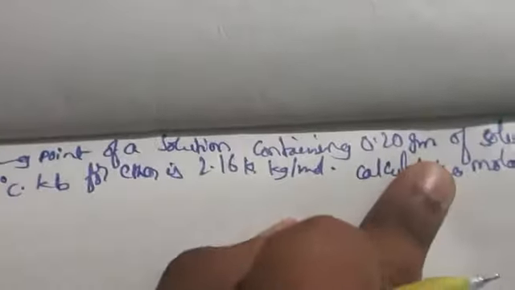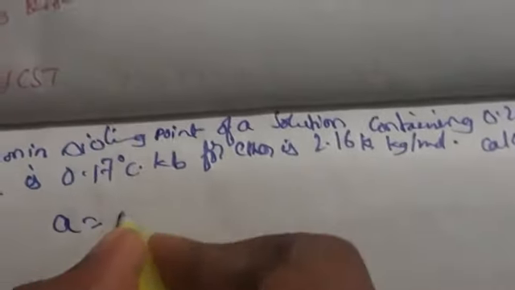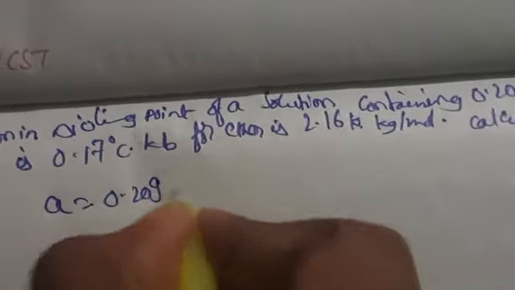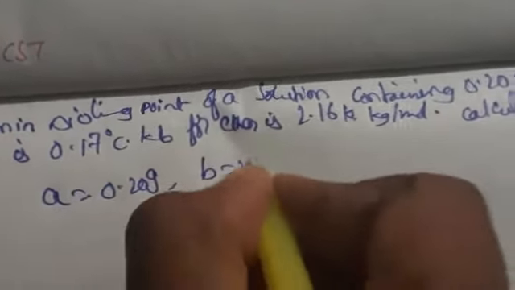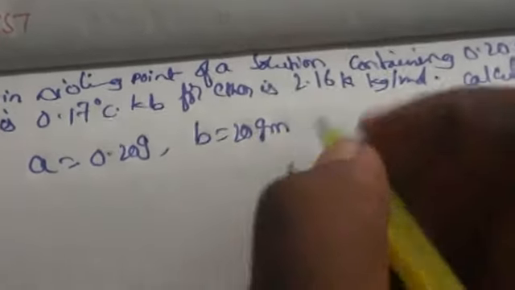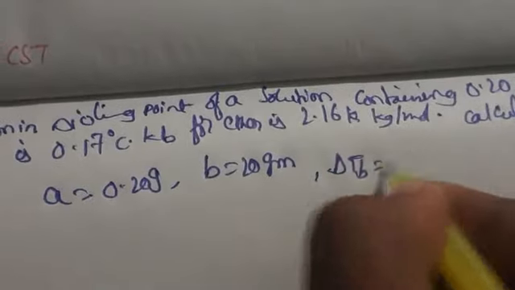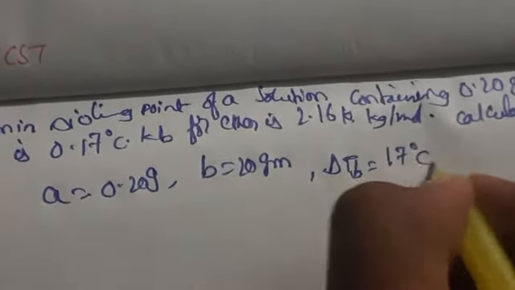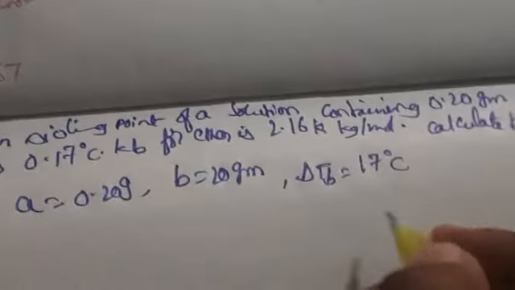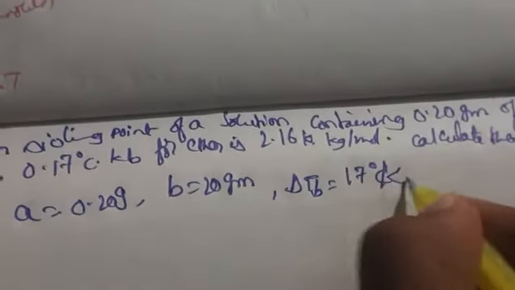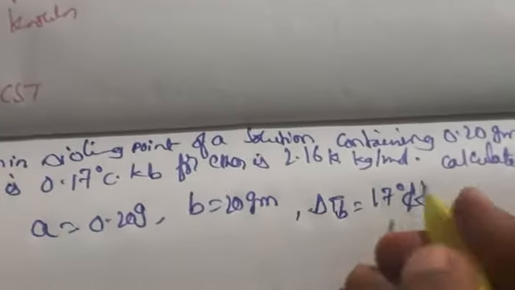So for solute, A is equal to 0.20 grams and B is equal to 20 grams, and delta Tb he has given as 0.17.